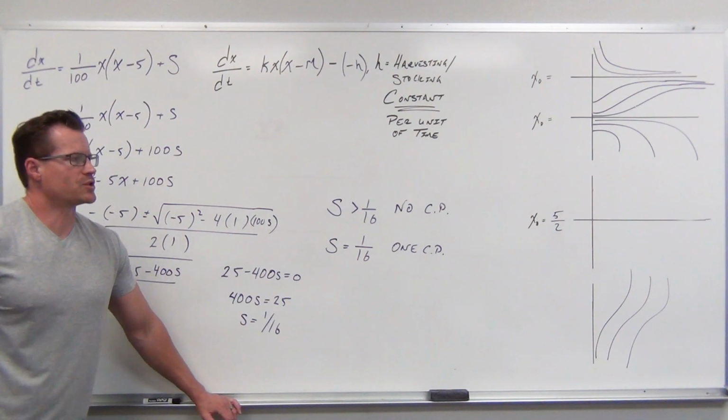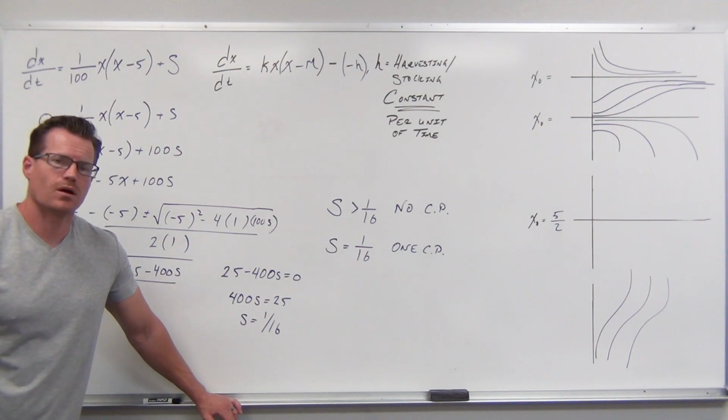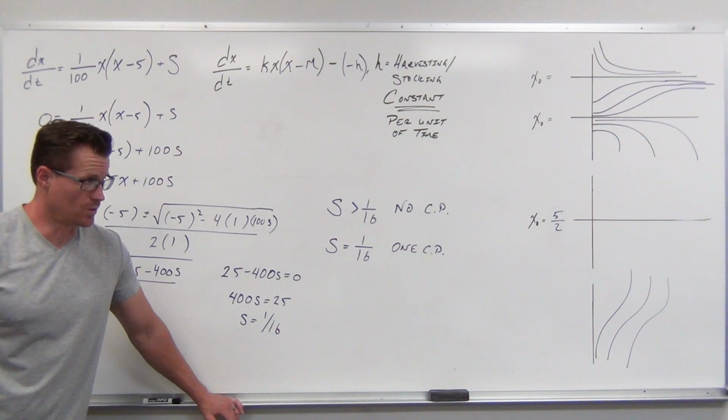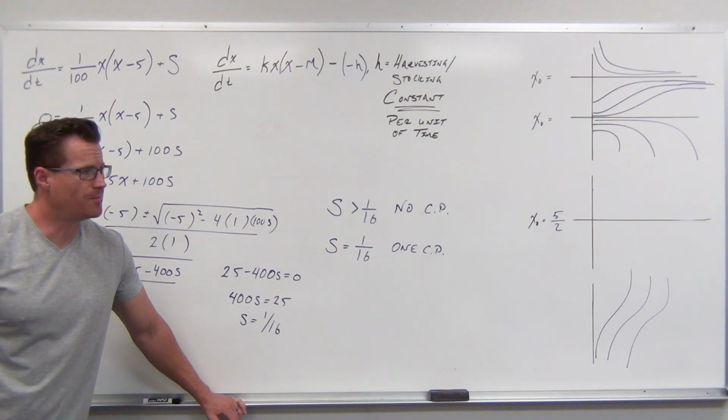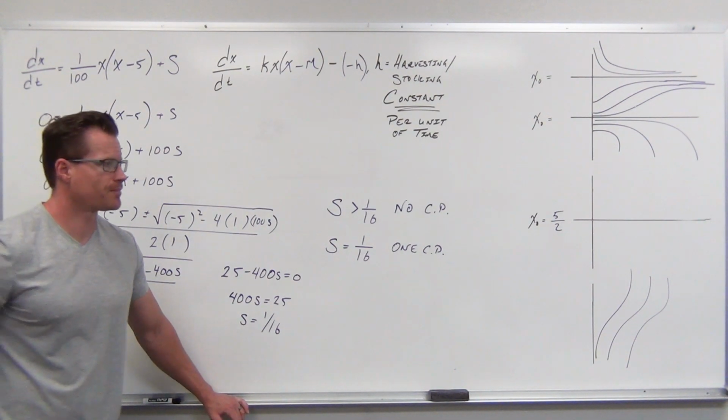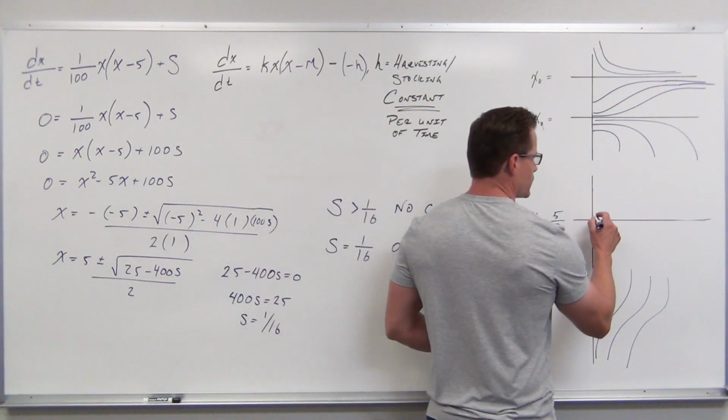Then what our population does is based on our initial value, so where we start. If we start above 2.5, our population is going to explode.